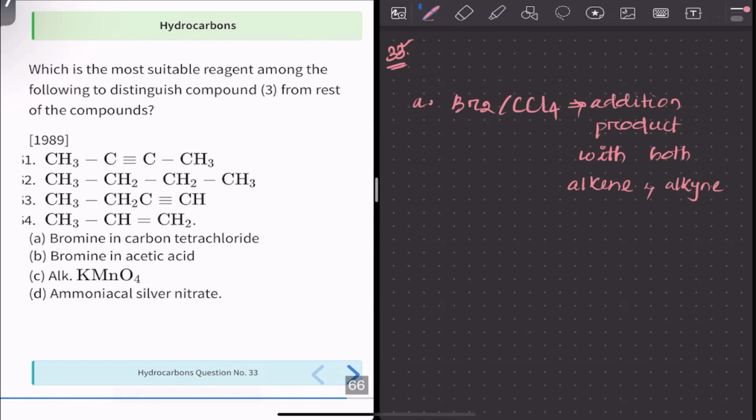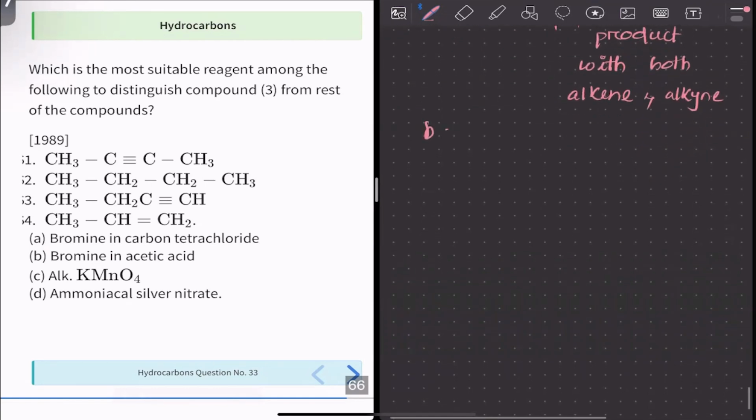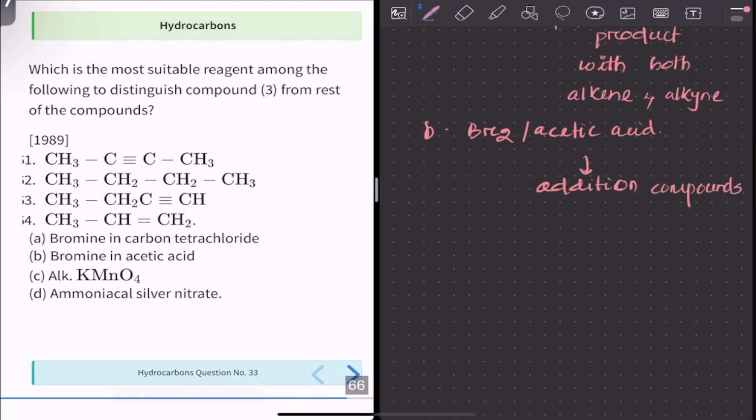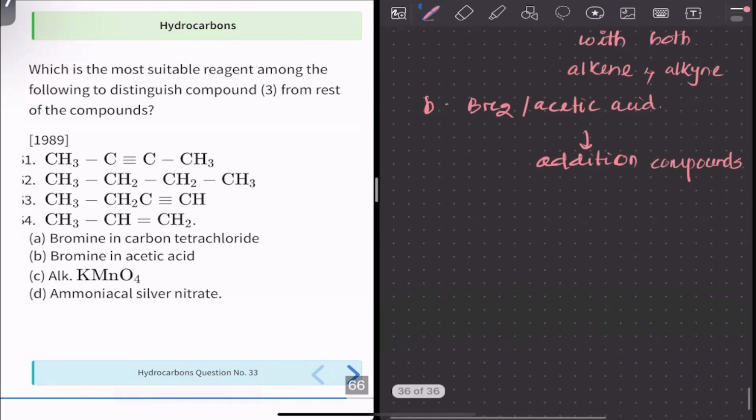So it is incorrect. Option B, bromine in acetic acid. Same bromine but in acetic acid. It will also react with all the alkenes and alkynes in the same manner to produce addition compounds. So option B is also not correct. It won't distinguish option 3 from the rest of the compounds.